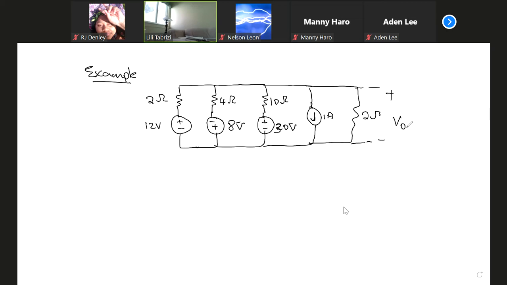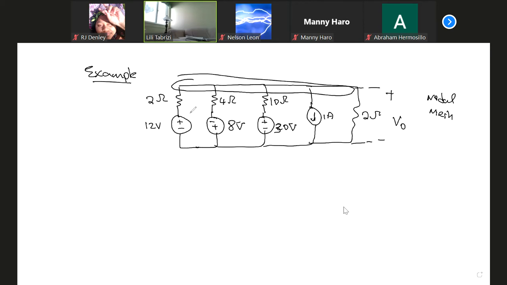You can use nodal, that is okay. Mesh is okay too, but it's not advised because you get too many equations. You cannot combine these voltage sources. You cannot combine these resistors. These resistors are not in parallel because one end is here, they're all connected to this terminal, but from this end they go to different places.